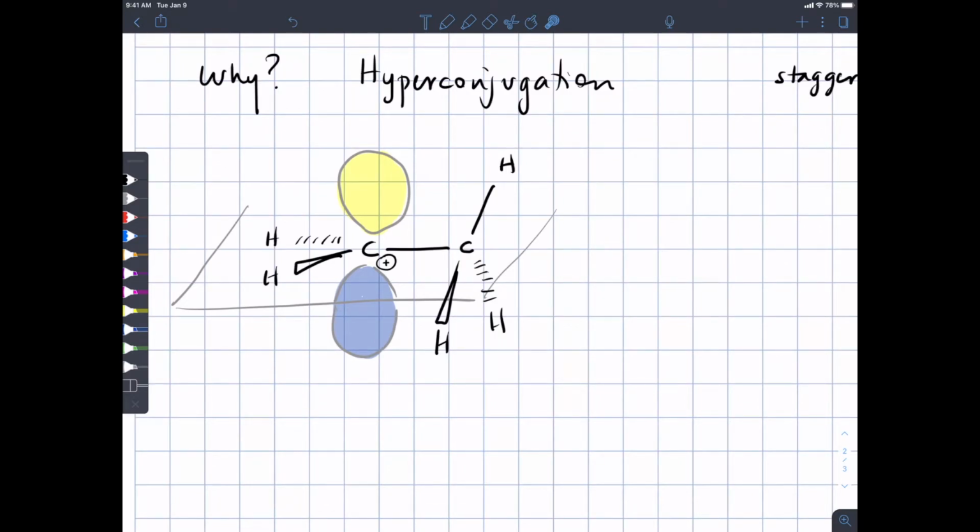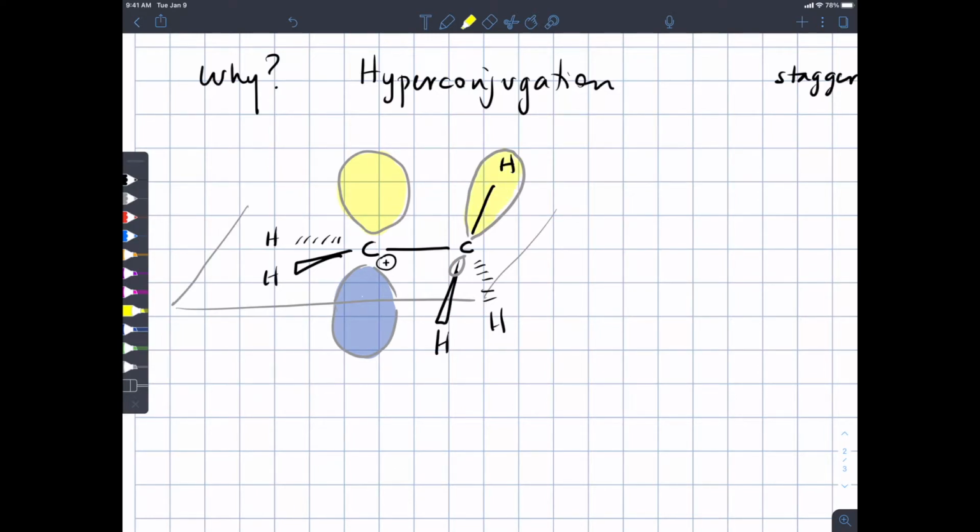And one of the things we've talked about previously is how an adjacent carbon-hydrogen bond can line up with that empty p orbital. So I'm going to draw a carbon-hydrogen bond for you. It basically has a large lobe that encompasses the hydrogen and then a smaller lobe on the back side.